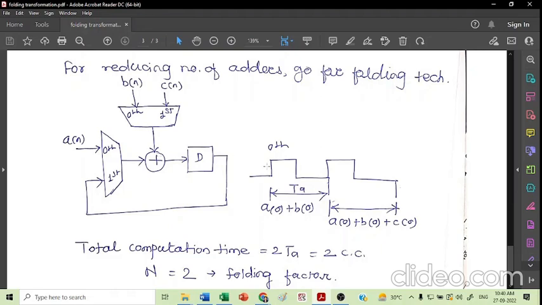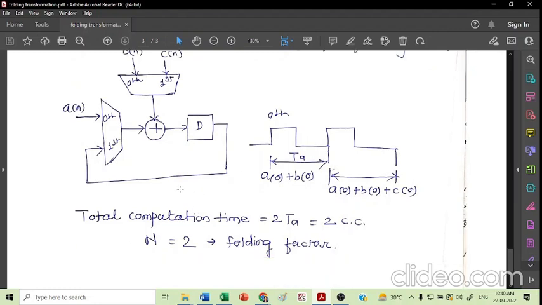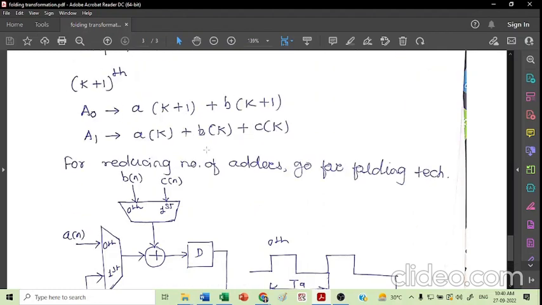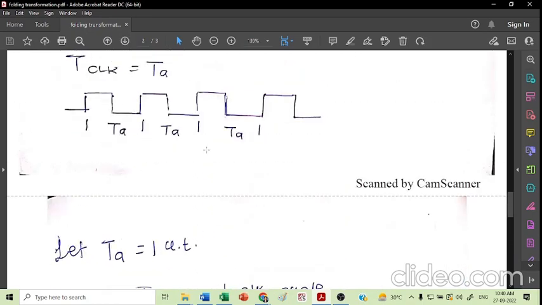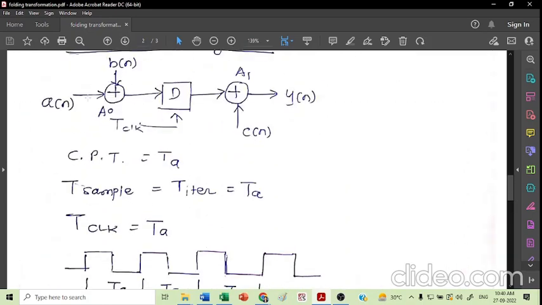This is the clock cycle, this is the TA cycle. Now here you can see AN and BN are the inputs and CN is the input of this A1.